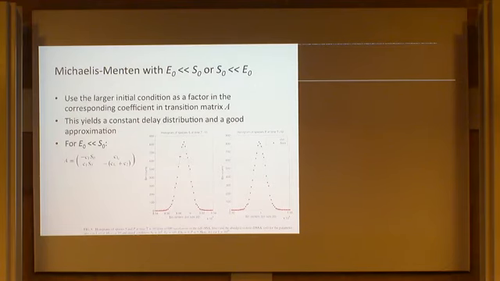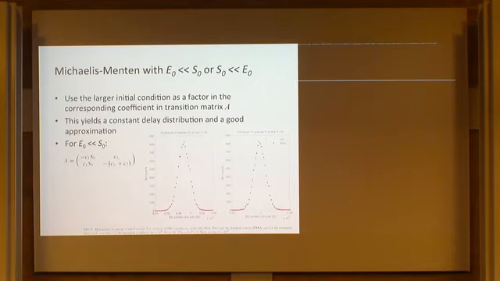Now we also applied it to Michaelis-Menten, where we have either much more substrate or much more enzyme. In this case, we can just linearize the whole thing. We use a larger initial condition as a factor in the corresponding coefficient in the transition matrix A, and this yields a constant delay distribution and a good approximation.